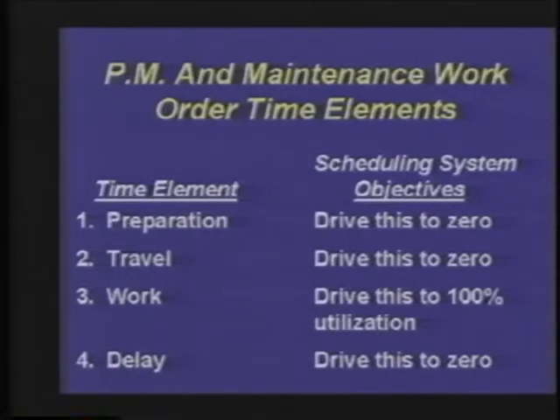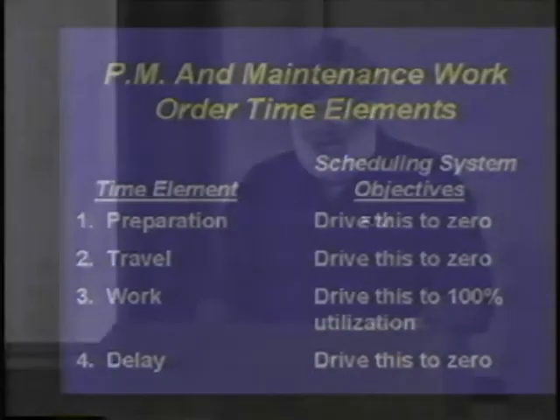The objective is to keep travel to an absolute minimum and therefore get the highest percentage of utilization out of step number 3, which is the actual work. As far as that delay factor is concerned, after the PM program has been into effect approximately 1 year, that contingency for delay can be dropped.